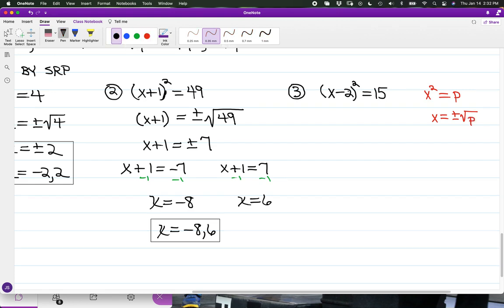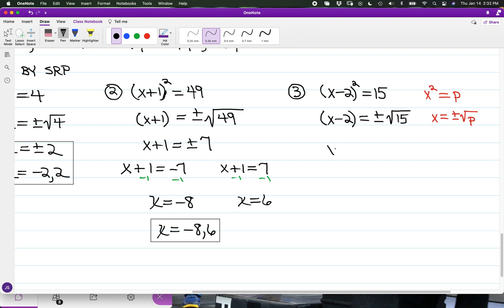So going from the square of x minus 2 to just x minus 2, giving up the square translates on the other side as taking plus or minus the square root of that value.